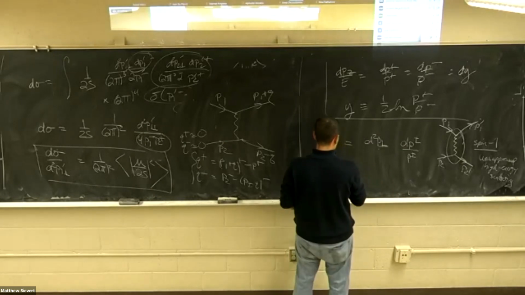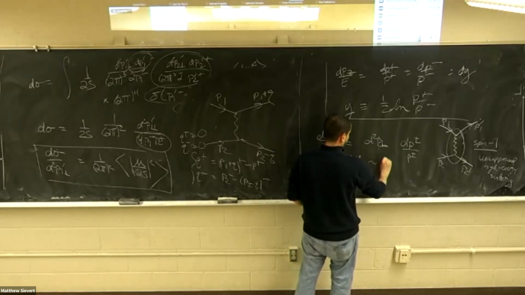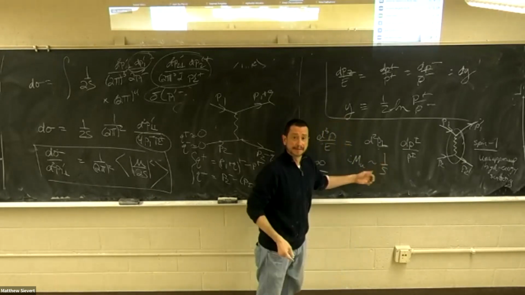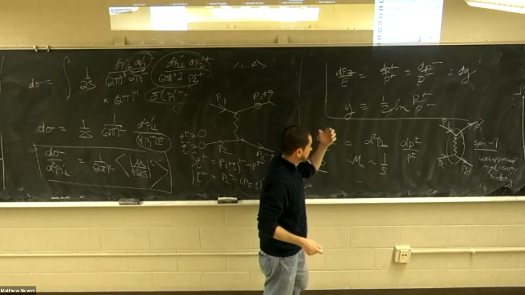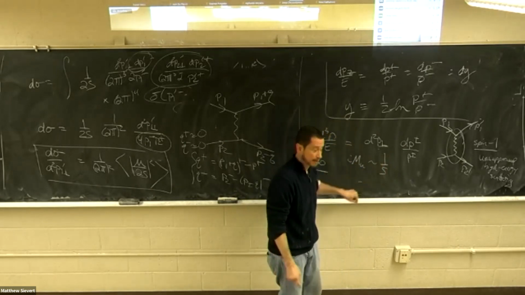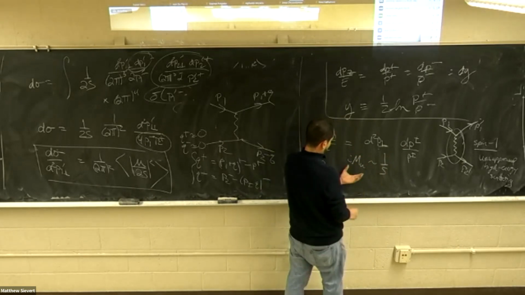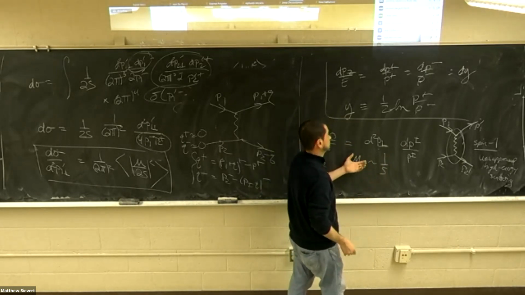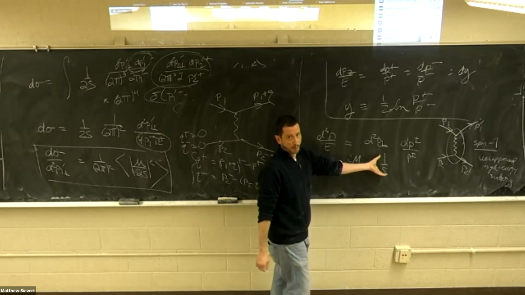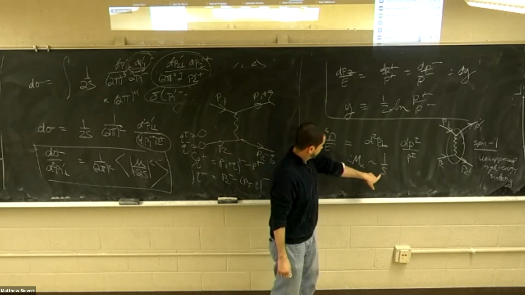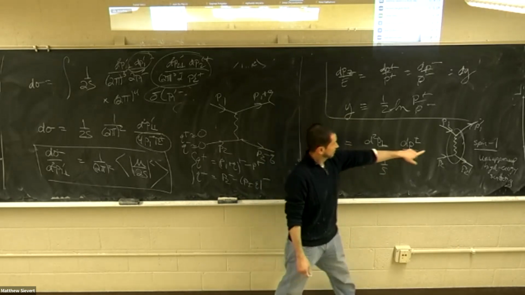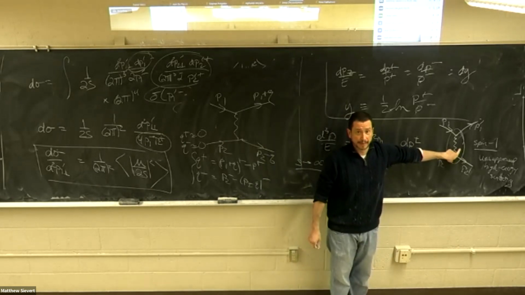The u channel suppression, my amplitude, goes like 1 over s in these variables, if I pick s and t as the independent variables. So the amplitude squared would go like 1 over s squared. So this is power suppression in s. It's exactly the same power suppression in s that I'm talking about here.